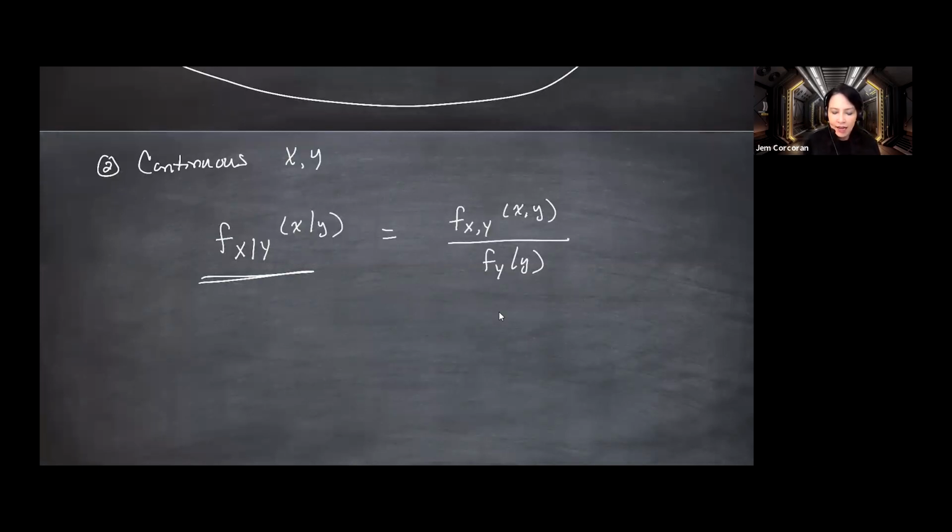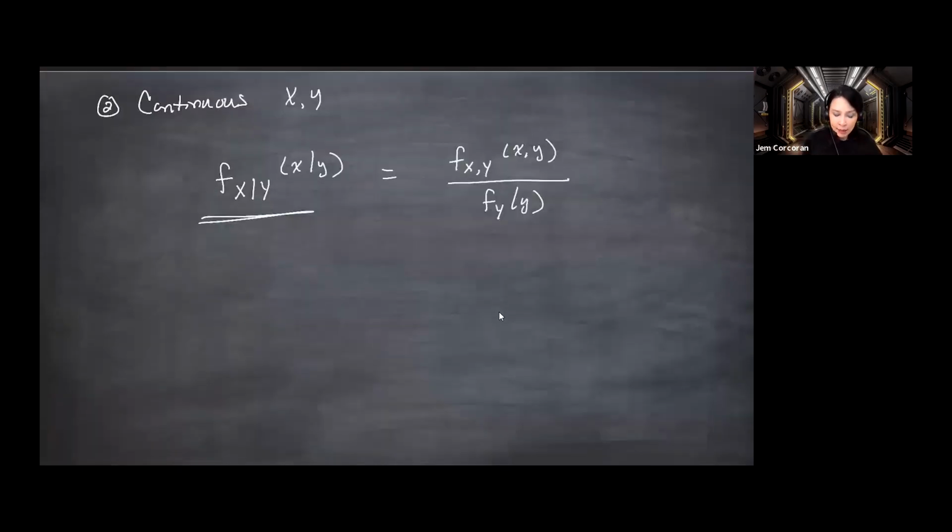In the continuous case, we know that the probability that x equals some x is always 0, or that y equals some fixed y is always 0. But it does make sense to talk about something like the probability that x is, say, less than or equal to x, given y equals y, because that has been observed and it's over, right?